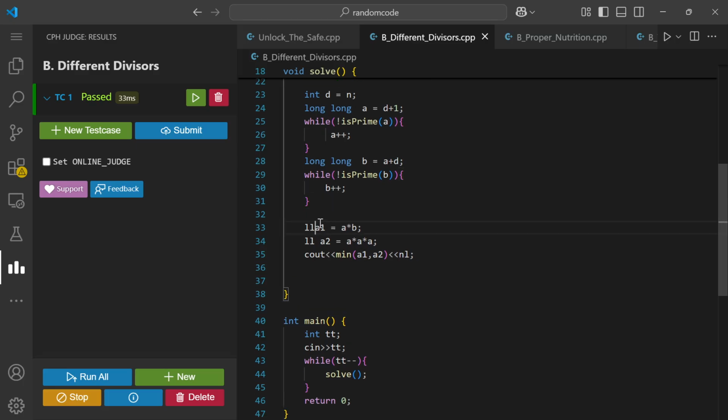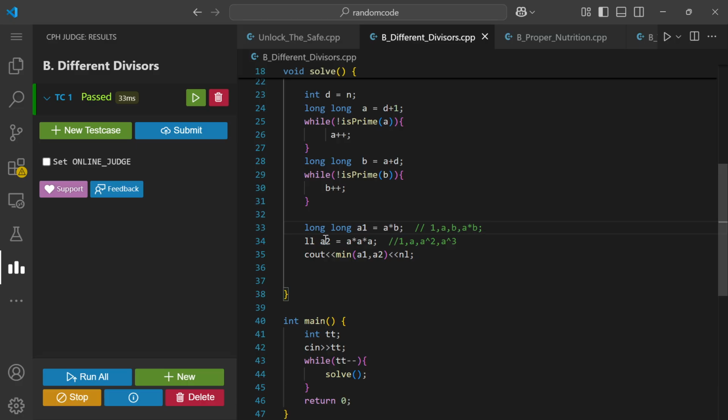Now here we calculate the product of A and B, and here we take similarly 1, a, a square, a cube, and similarly the condition of 1, a, b, a multiplied by b.